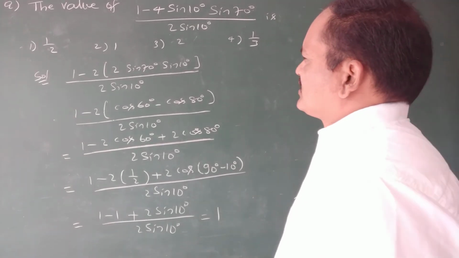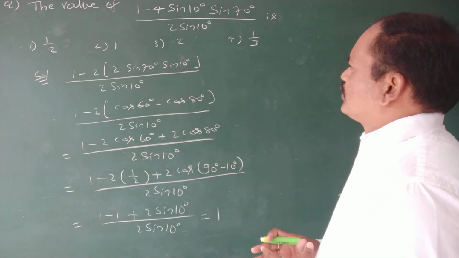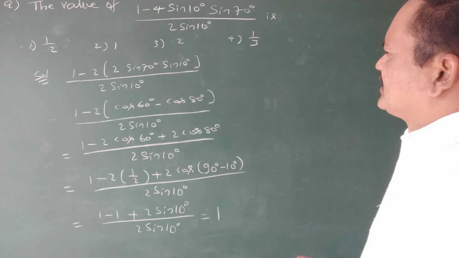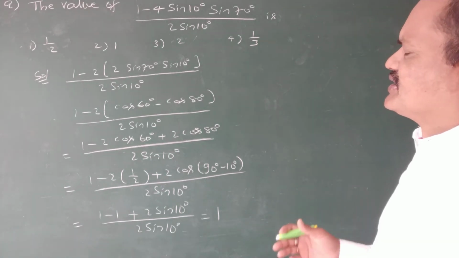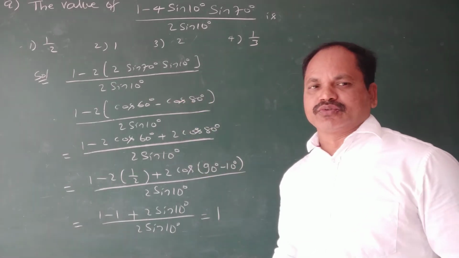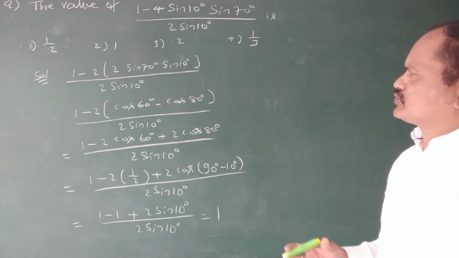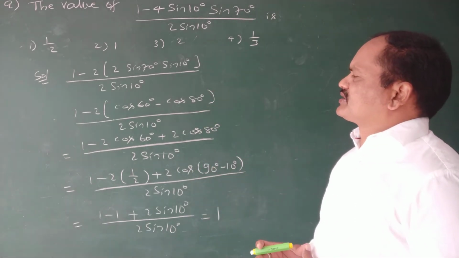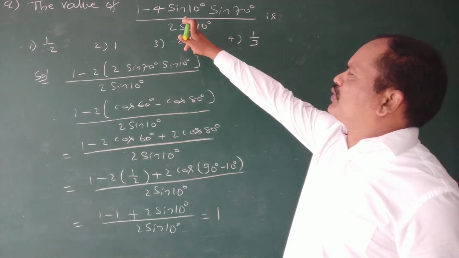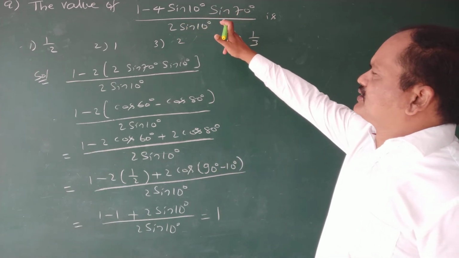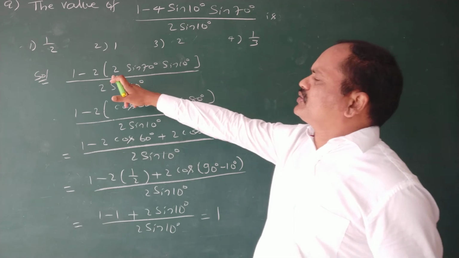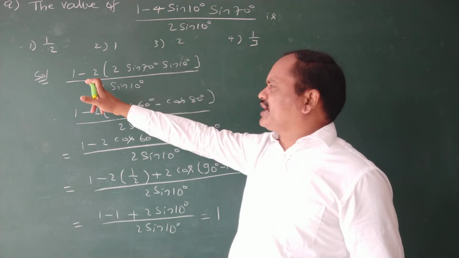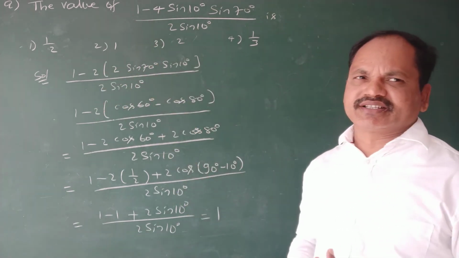Now observe the question. The value of 1 minus 4 sin 10 degrees sin 70 degrees by 2 sin 10 degrees is: the first option is 1 by 2, second option is 1, third option is 2, and fourth option is 1 by 3. So we have to take the expression 1 minus 4 sin 10 sin 80 sin 70. The 4 can be written as 2 times 2 sin 70 sin 10 degrees.